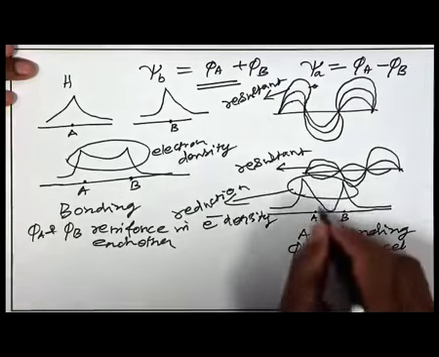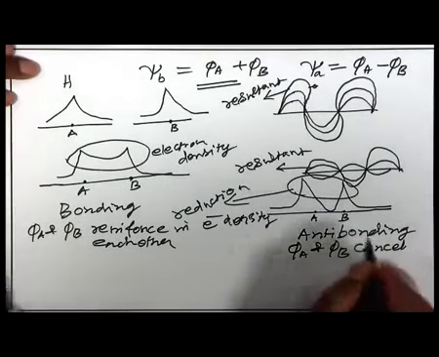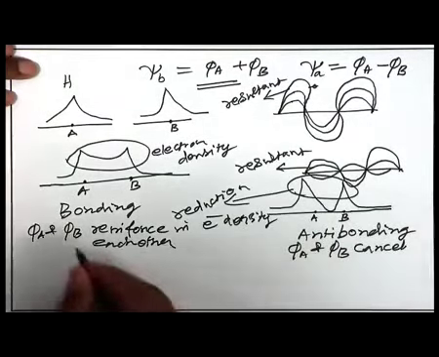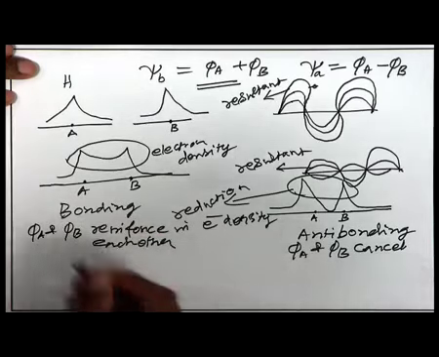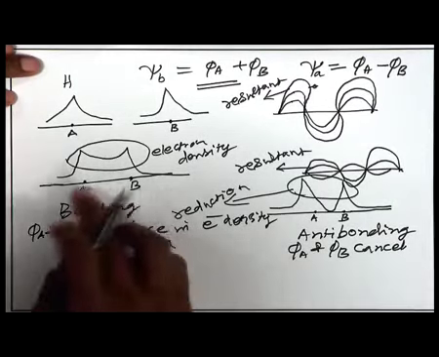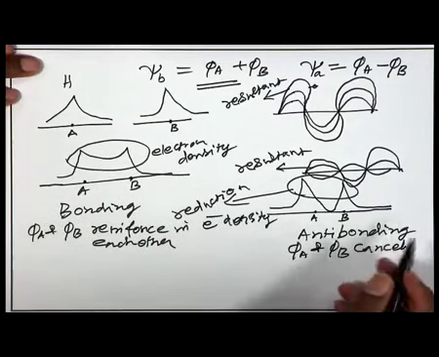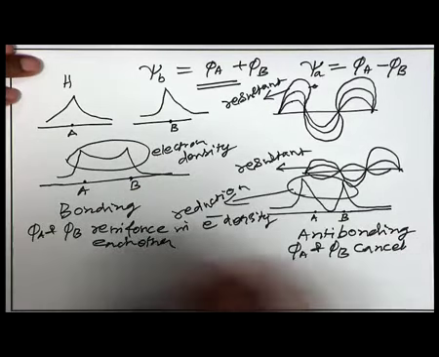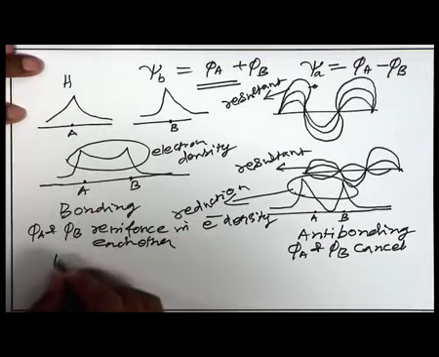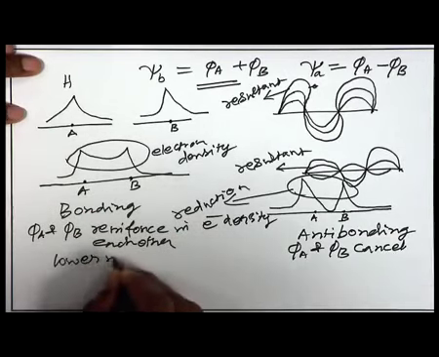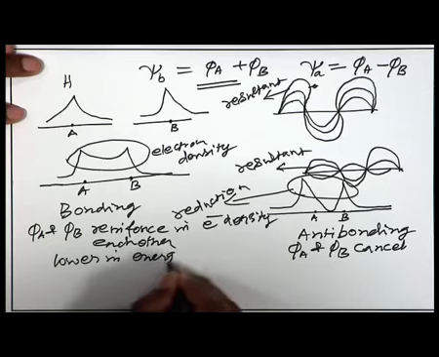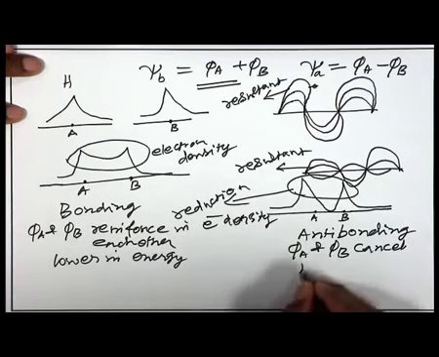As a result, there is a reduction in electron density between the two nuclei. So, this situation is bonding, this is anti-bonding, and here the electrons are attracted mutually. Here electrons are not attracted mutually, that is why higher energy. So, this is lower in energy, this is higher in energy.